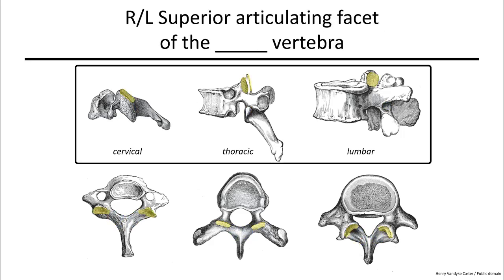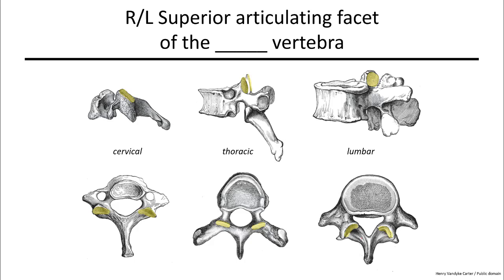And from this lateral view, we can see much better the right and left superior articulating facet. So a facet is a small scooped out area, and it's literally one facet.